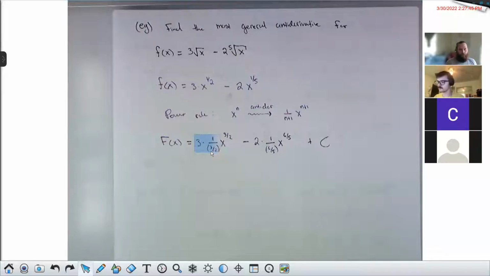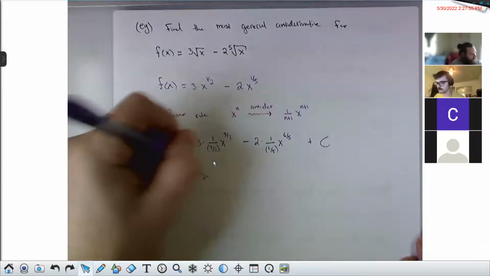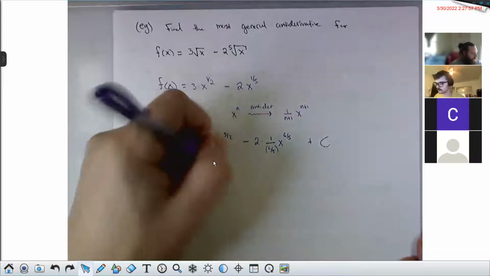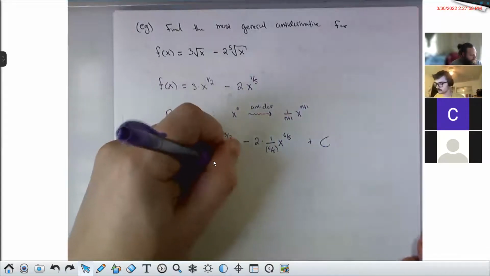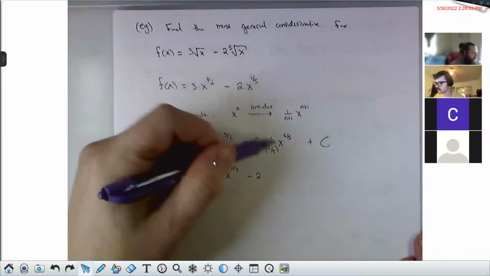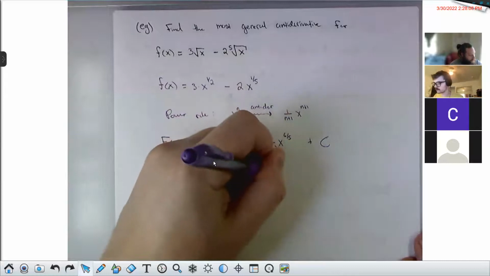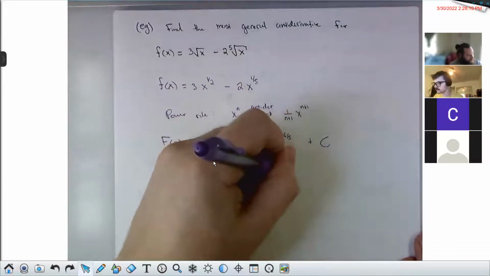So what do I get here? I've got 3 times 1 divided by 3/2. Well, 1 divided by 3/2, that's 2/3. I'll take my time doing this. This is 3 times 2/3 x to the 3/2 minus 2 times, same sort of thing here. 1 divided by 6/5 is 5/6.